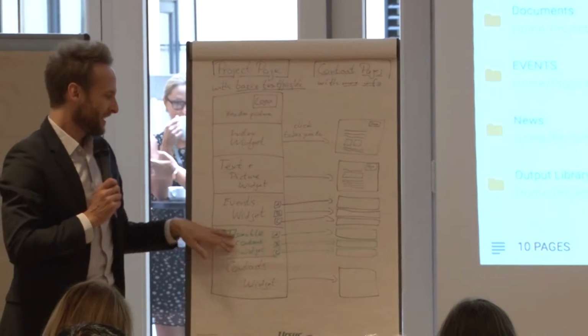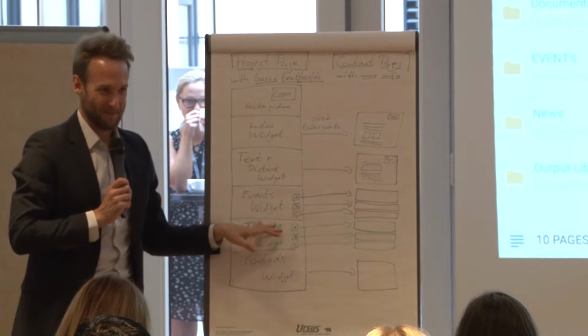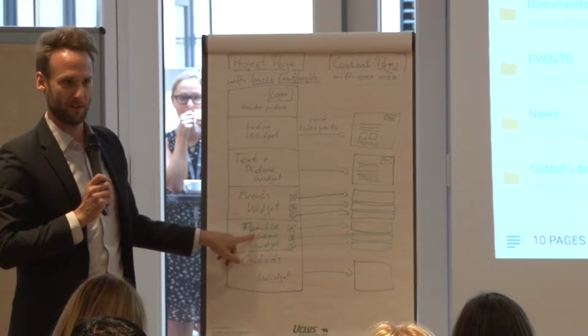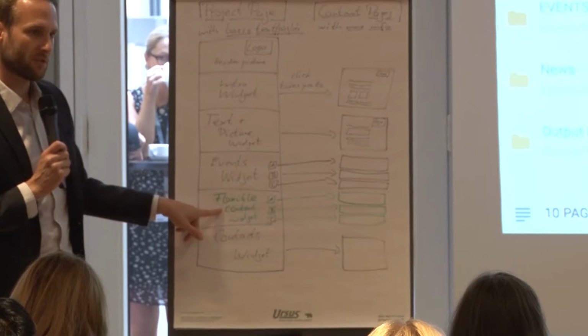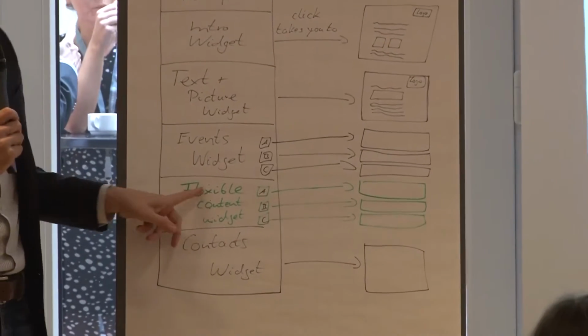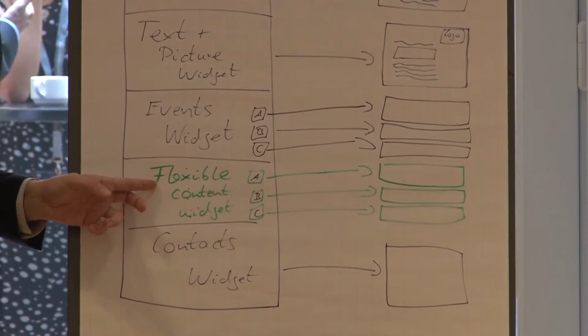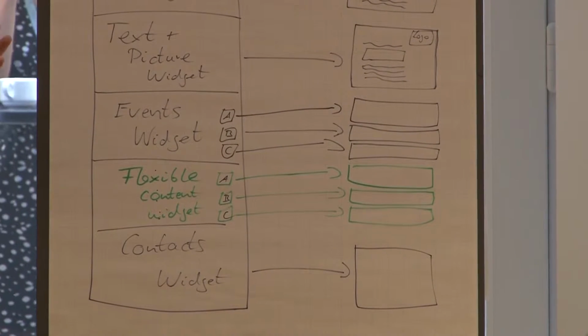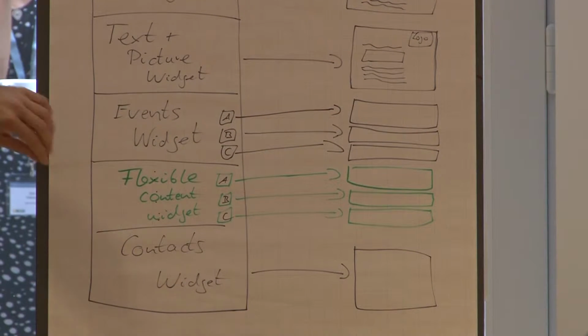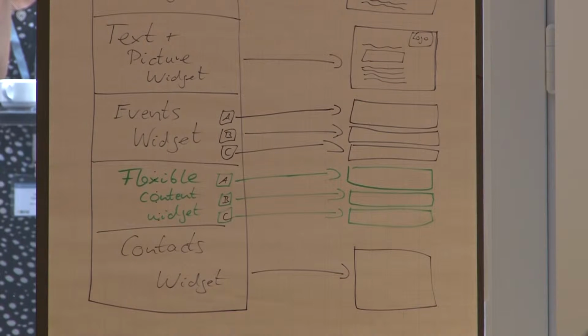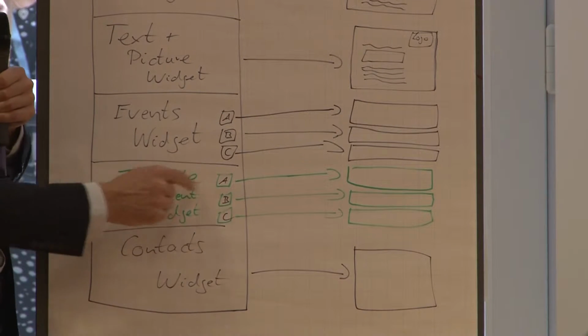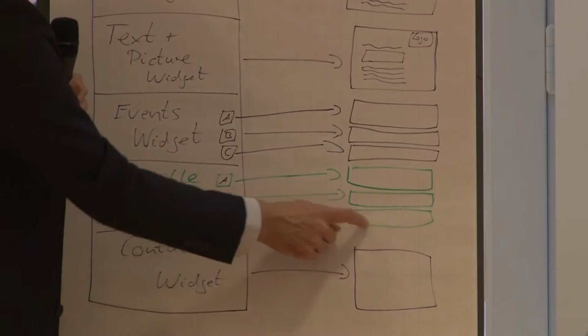Another joker widget, I might call it, is the flexible content widget. That's the one that Katharina showed in the morning, which is, in her case, the work packages. That's a widget which is super flexible. You can add text, you can add various boxes. Each of the boxes within this widget can link to a separate content page.